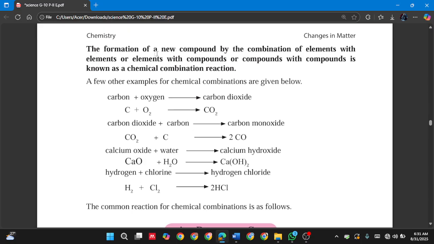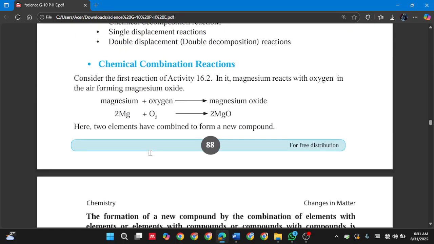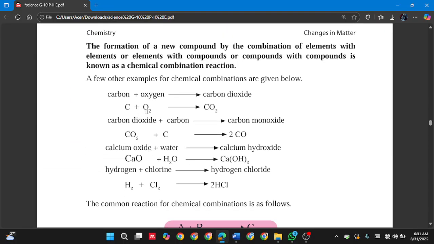Here, see, formation of a new compound by the combination of elements with elements: carbon with oxygen forms carbon dioxide. Or elements with compounds. Carbon is an element, one single atom, and carbon dioxide is a compound. So it is elements with compounds.